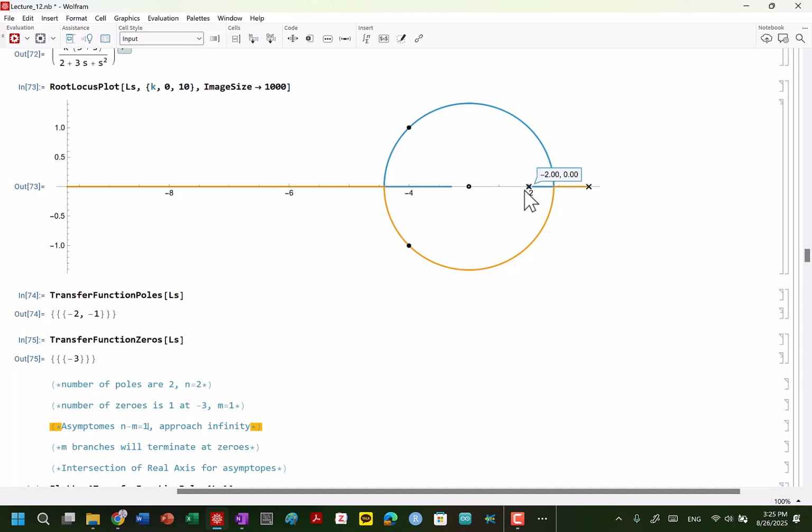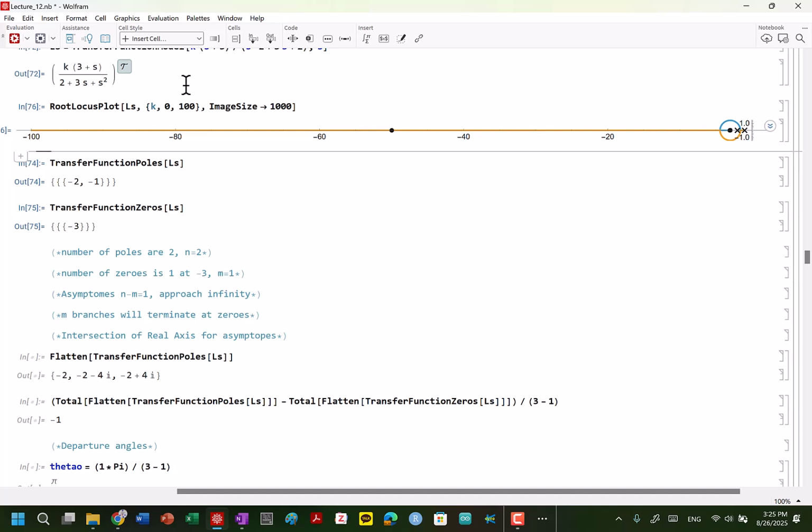Which one is that? Let's see if that's true. We see here the blue goes here, wraps around, and then as we increase it, it looks like it's going to terminate at that zero, whereas the yellow one will go around here. Let's see if this continues on to negative infinity if we go to 100. Oh, yeah, that one's going to negative infinity.